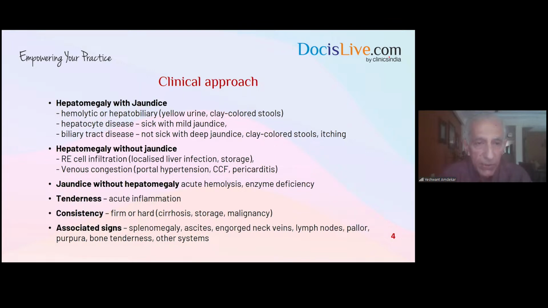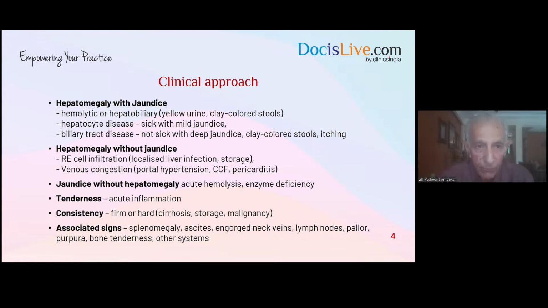The next slide, please, is a clinical approach. So when you confirm that the liver is enlarged, that is hepatomegaly, first consider the major groups with jaundice and without jaundice, because this is easy to go by. With jaundice are, of course, the typical infective disorders, which are hepatocyte disorders, but the biliary tract disorders often end up with hepatomegaly.